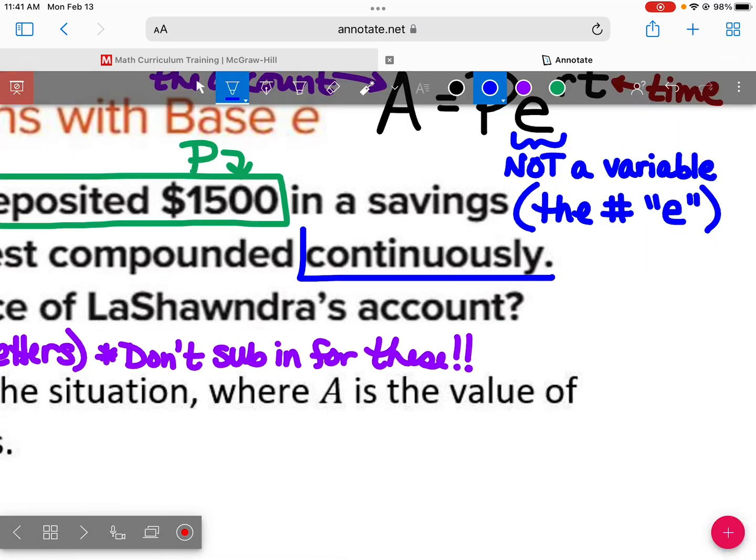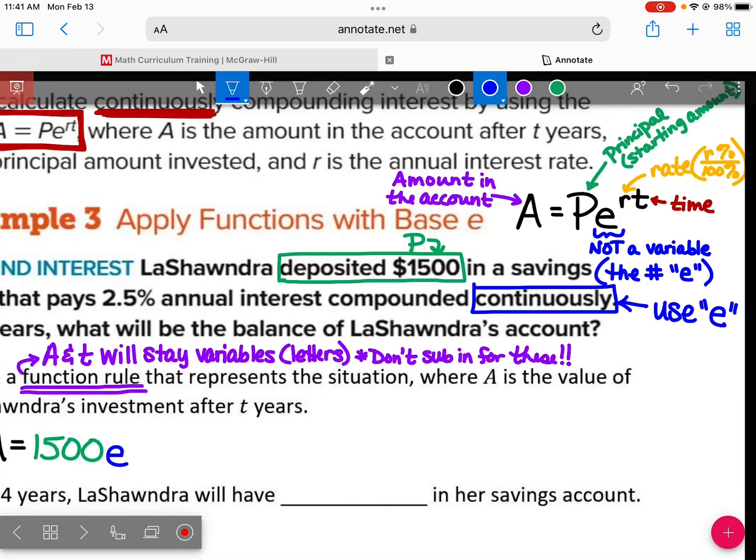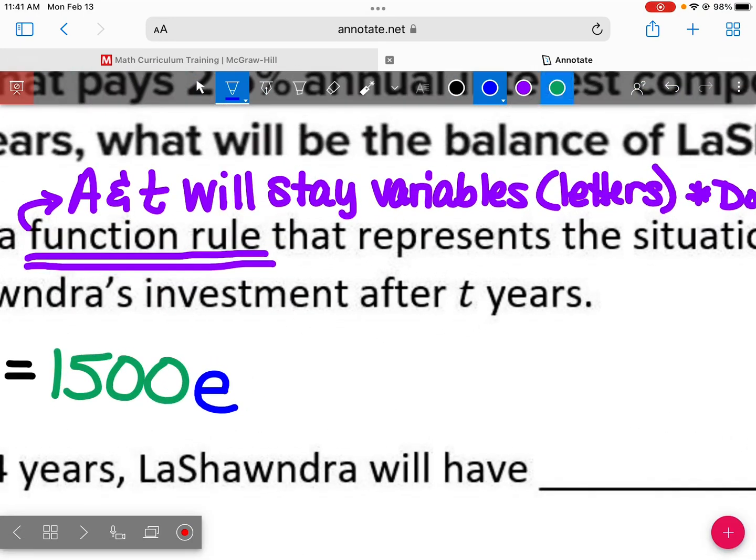When you see continuously, that means to use E. Is there any other words besides continuously? Nothing else will make you use the E. Has to be continuously. If you see monthly, daily, weekly, quarterly, annually, we're not going to use the E. Only when you see that word continuously.